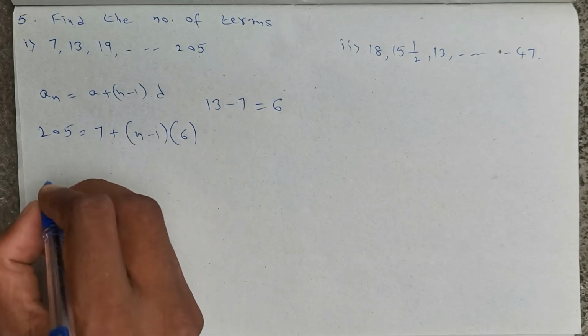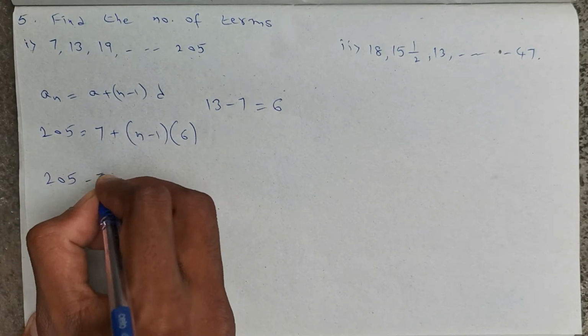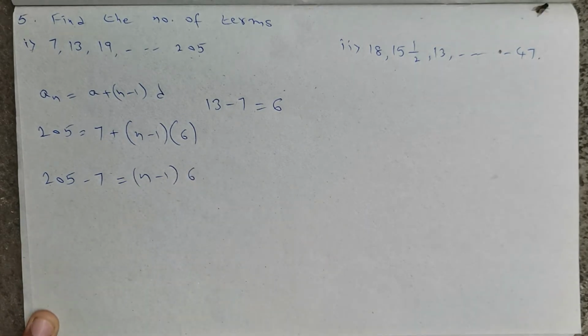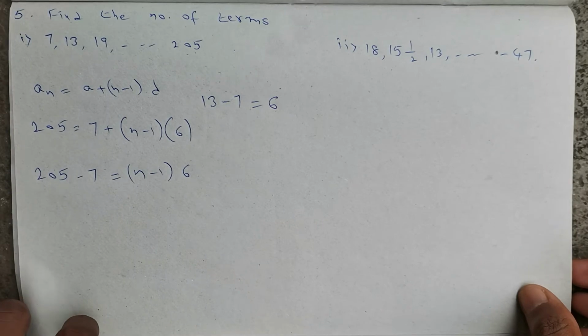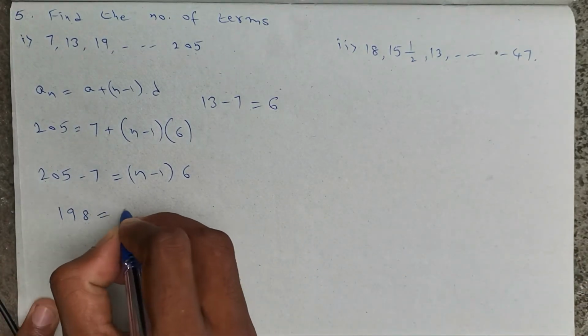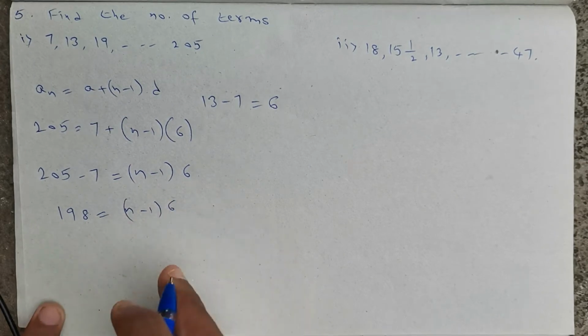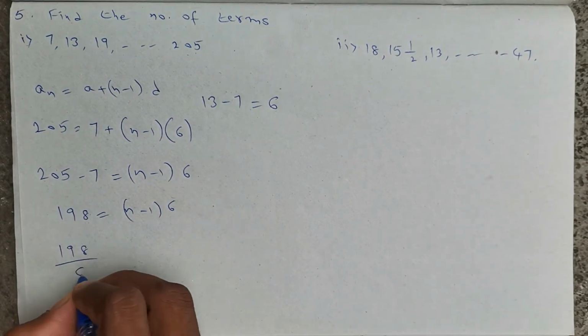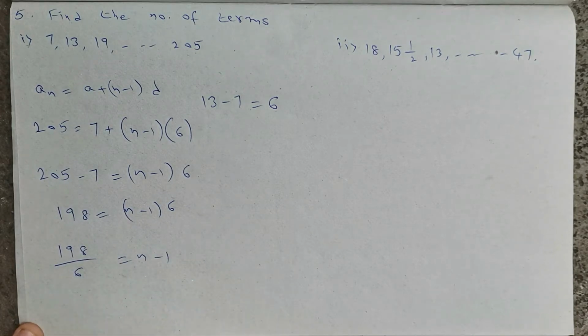Now I will take this 7 to the left side, so we will get 205 minus 7 equal to n minus 1 into 6. Here 205 minus 7 is nothing but 198, equal to n minus 1 into 6. Now I will take 6 also to the left side, so we will get 198 divided by 6 is equal to n minus 1.